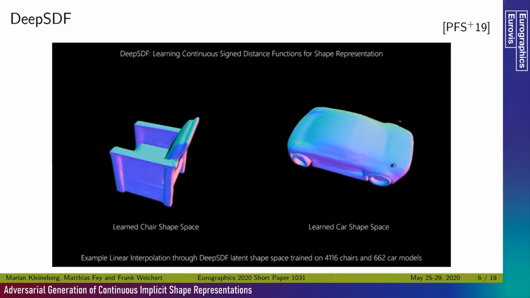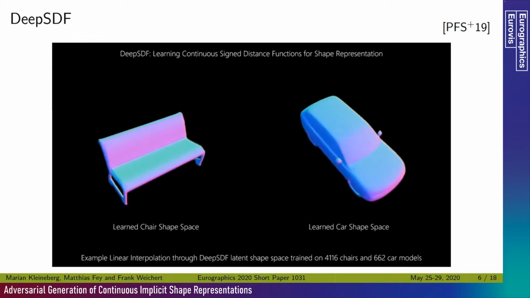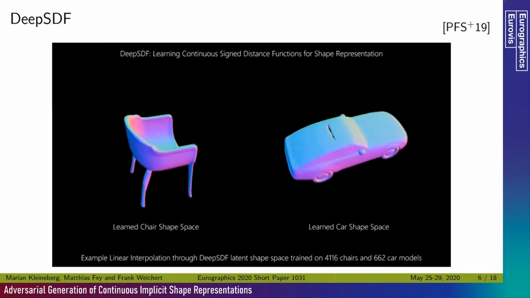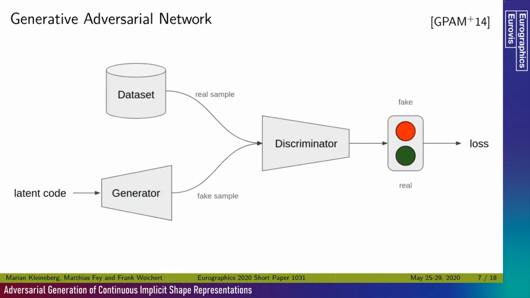And in our paper we wanted to investigate if the concept of DeepSDF can be applied to a generative adversarial network. Just a quick recap of what a generative adversarial network is. It consists of two networks, one is the generator and the other one is the discriminator. The generator receives a randomly sampled latent code and generates a fake sample from that.